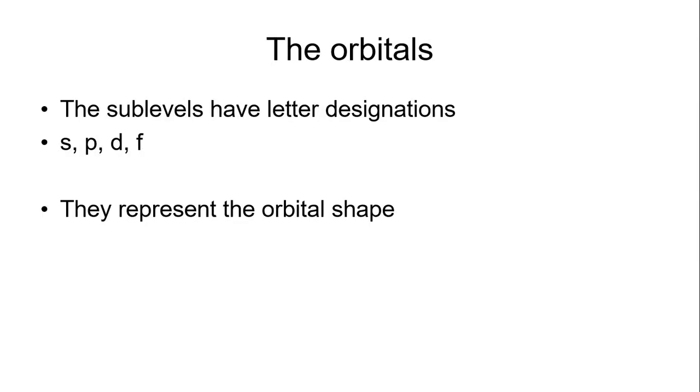S, P, D, and F represent the shape. There's an S-shaped orbital, there's a P-shaped orbital, there's a D-shaped orbital, and there's an F-shaped orbital. And they take different paths than the traditional spherical paths.